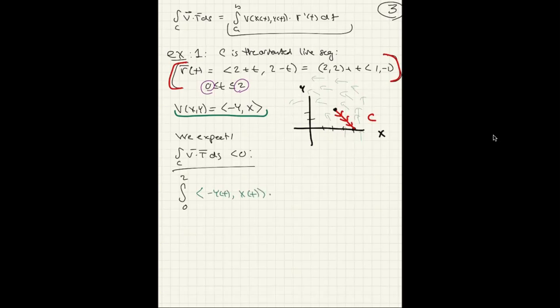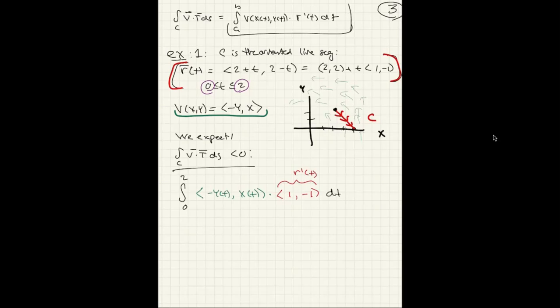I have to take my derivative, but that's not so bad. You can see that r prime is just positive 1, comma 1. This is r prime of t, and then we slap on dt at the end.